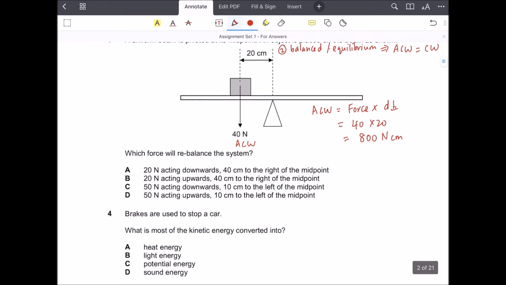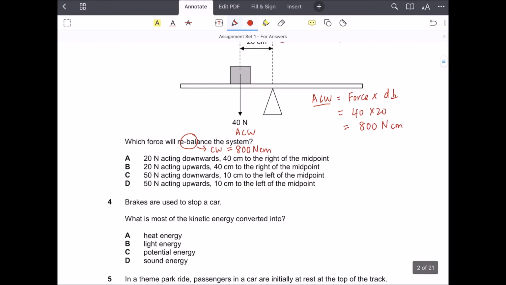So I know that currently there is an anti-clockwise moment. In order to rebalance, I need a clockwise moment of 800 Newton centimeter. So let's read the answers out first.